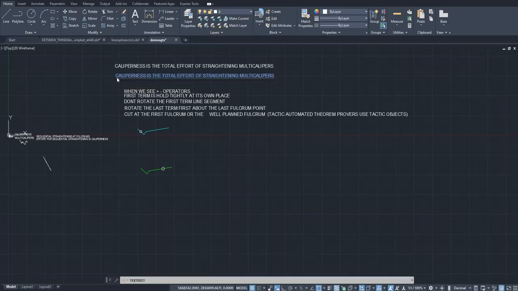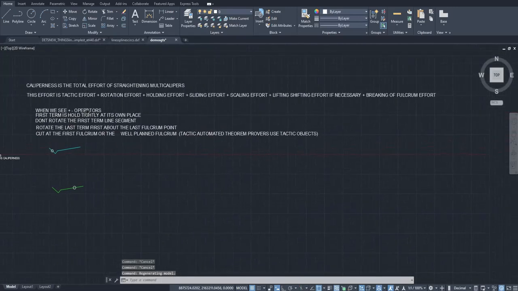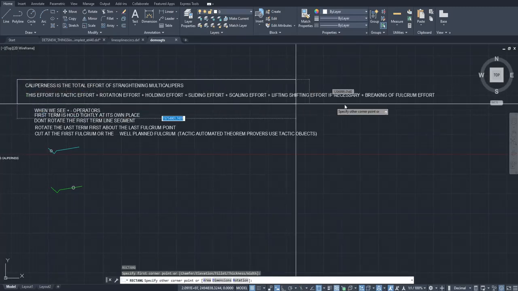This effort is equal to tactic effort plus rotation effort plus holding effort plus sliding effort if necessary, plus scaling effort if necessary, plus lifting and shifting effort if necessary, plus breaking off the fulcrum effort if necessary, and all these kinds of efforts are totally added to generate the total measure of the caliperness.